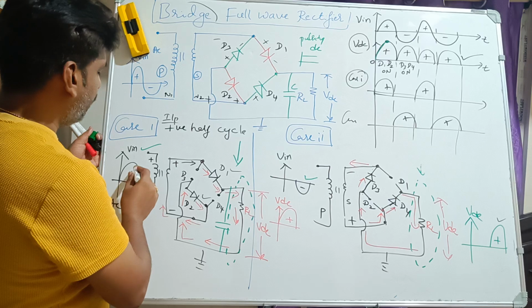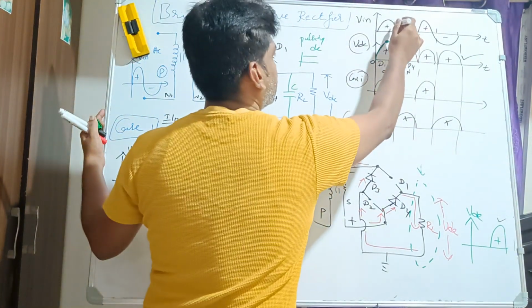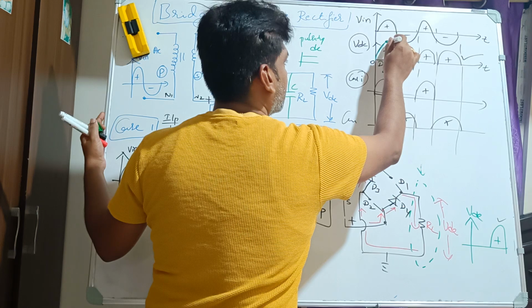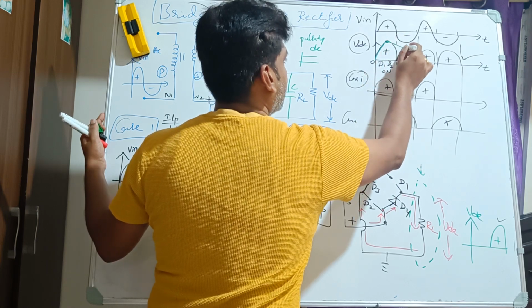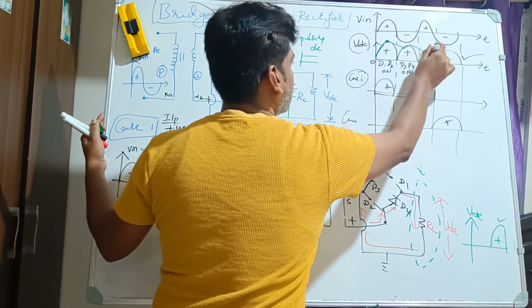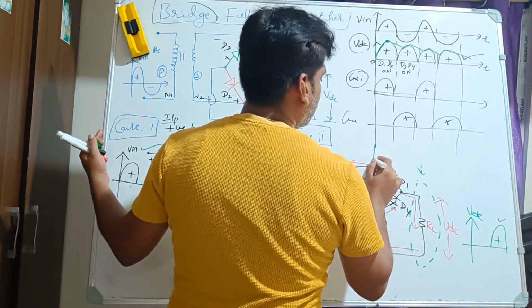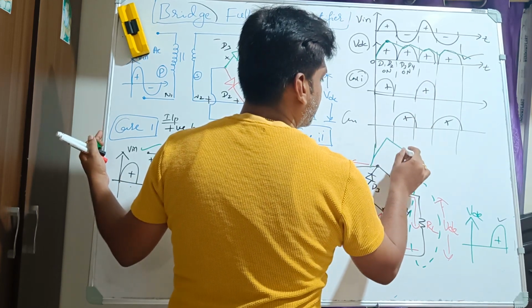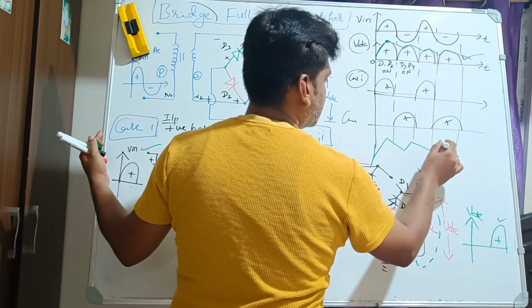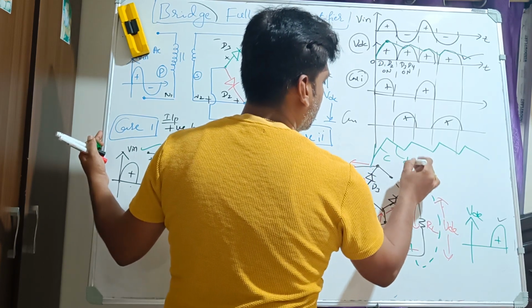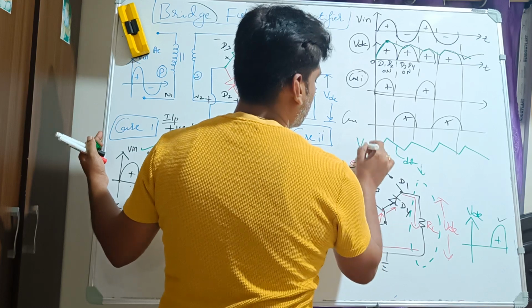Once this input falls below, the capacitor will start discharging. Again it is charging, discharging, charging, discharging. So you are going to get a waveform like this. We call this charging and this discharging. So this is the capacitor voltage.